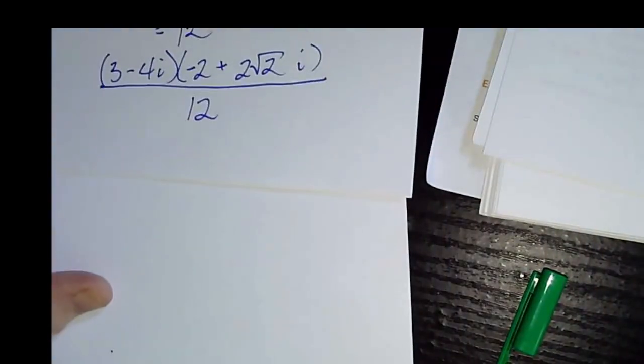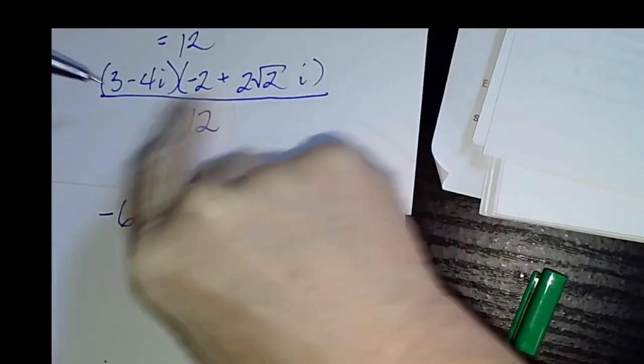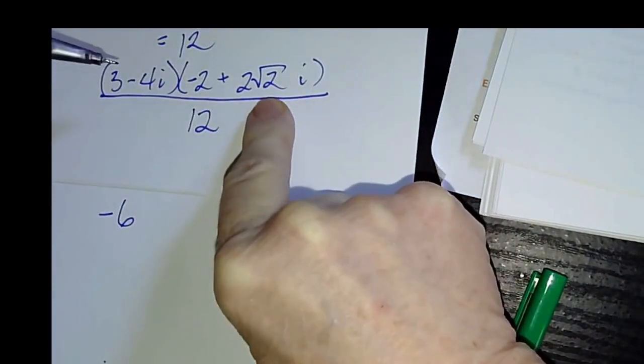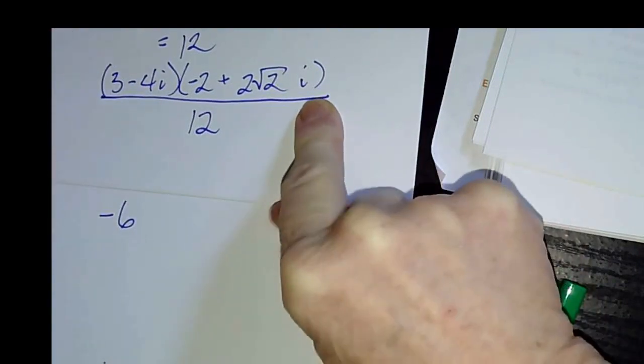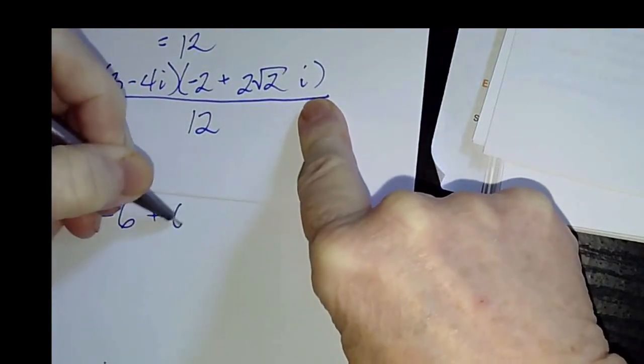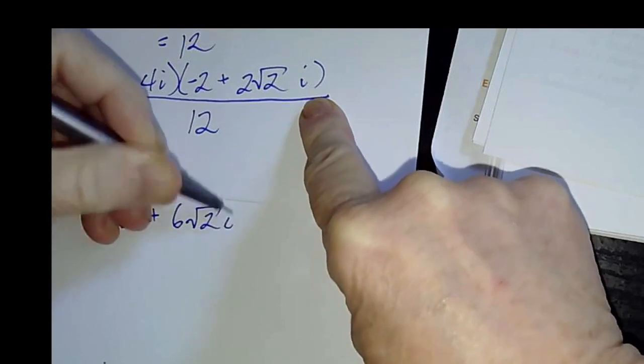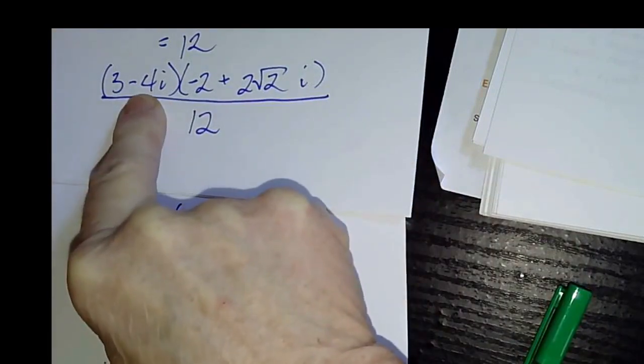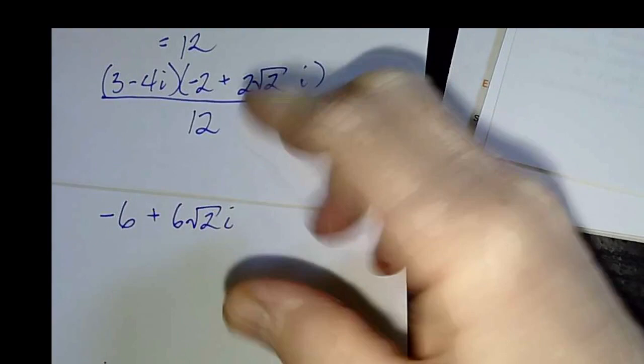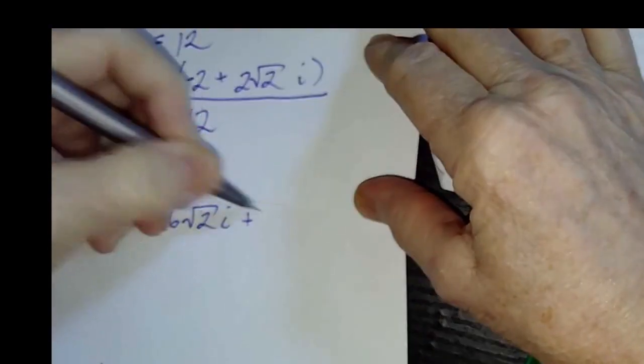So we've got 3 times negative 2, 3 times 2 square root of 2i, that'll be 6 square root of 2i. Negative 4i times negative 2 is positive 8i.